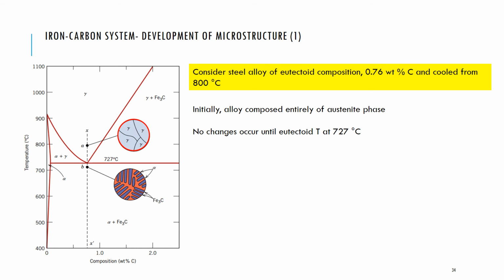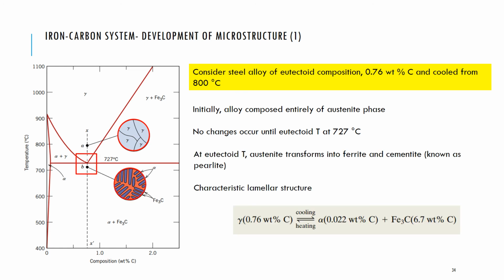We're in the austenite phase, and nothing changes until we reach 727 degrees Celsius and we hit that eutectoid invariant point. At that eutectoid temperature, that austenite phase will transform into ferrite and cementite, and this is known as pearlite.